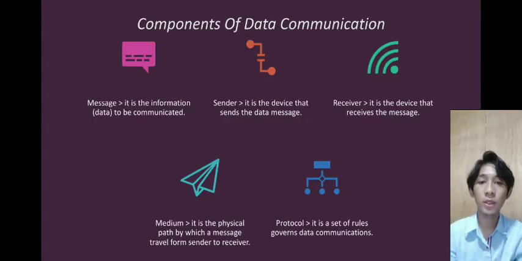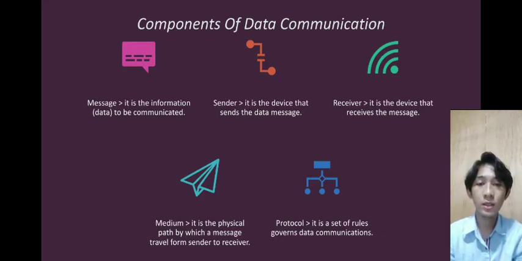Components of data communication. Message. It is the information, the data to be communicated. Means this is the information that you're going to send. Sender. It is the device that sends the data message. Means you are the sender. Receiver.